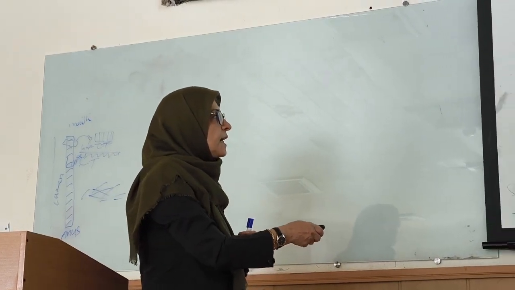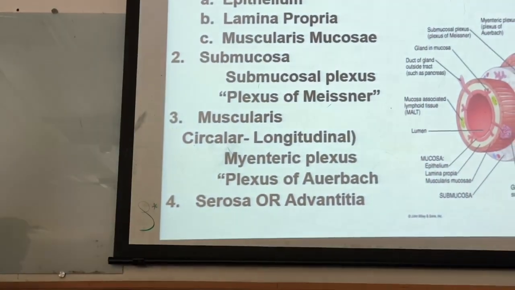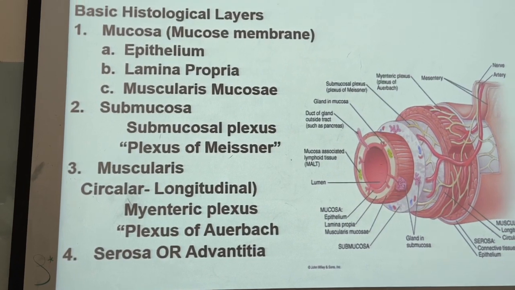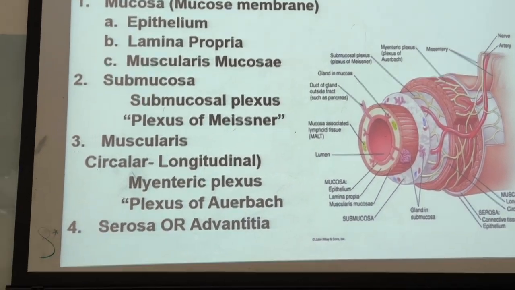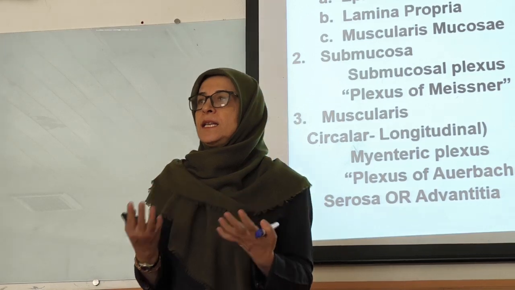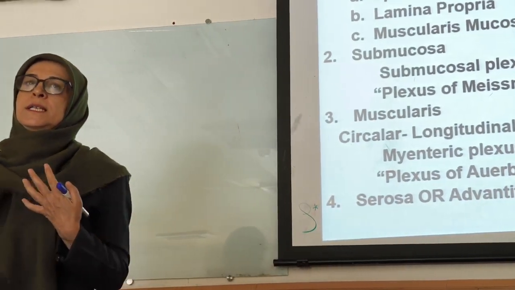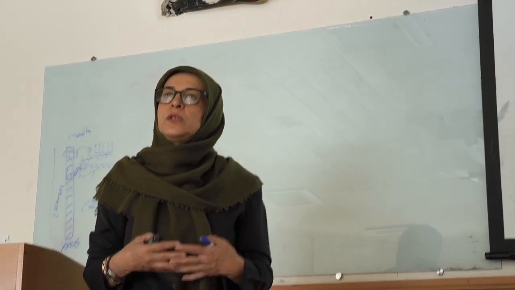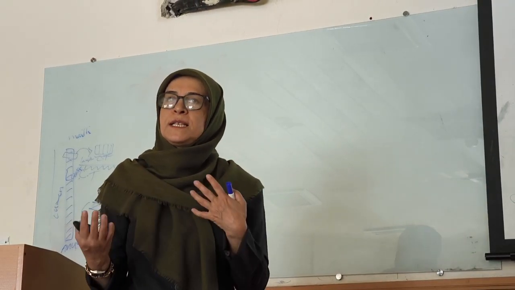The third layer is the muscularis layer that includes muscle tissue. In the oral cavity, the upper part of the esophagus and also the anus, they are striated muscle or skeletal muscle, and in other parts this layer includes smooth muscle cells.